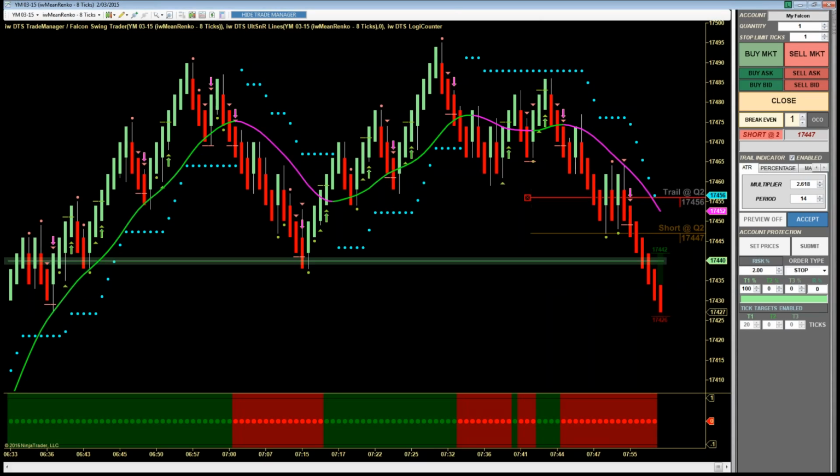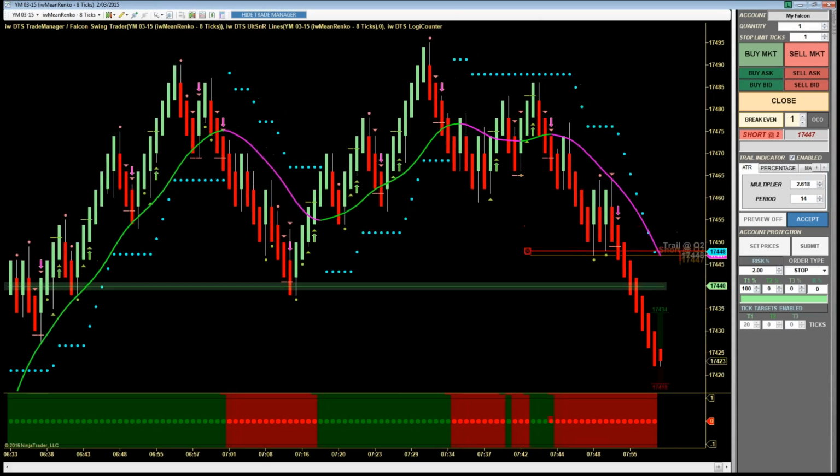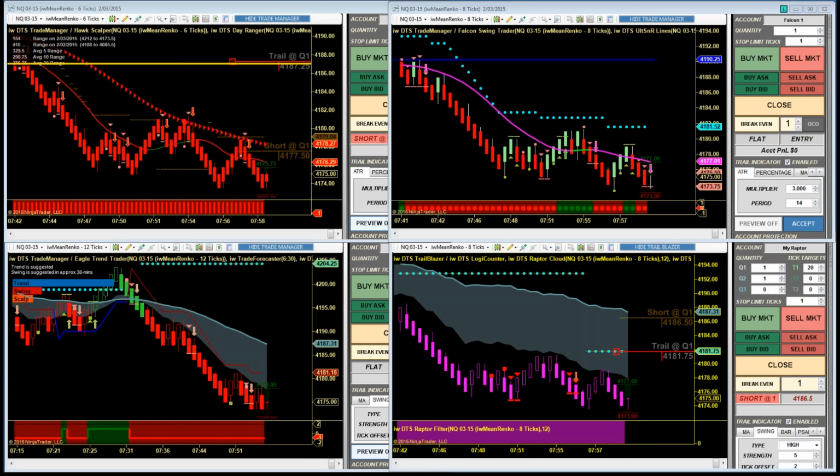Come on. Oh my gosh, come on. There we go. Okay, so it did. Trade Manager will automatically adjust your position. So that allows you to scale out of a position, even though you may not have preset your profit targets.